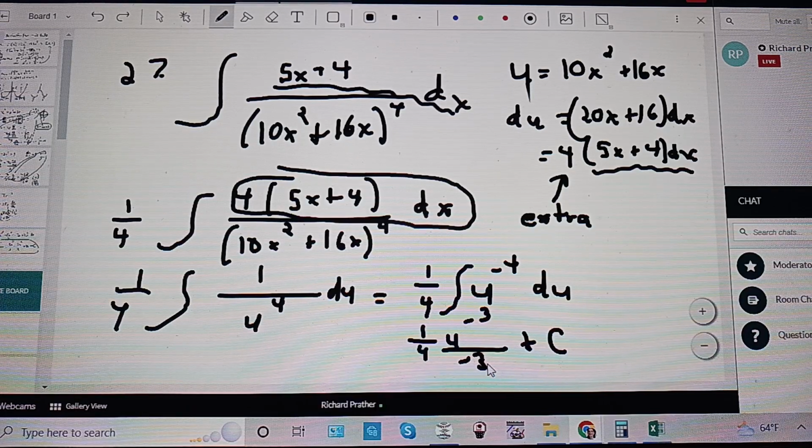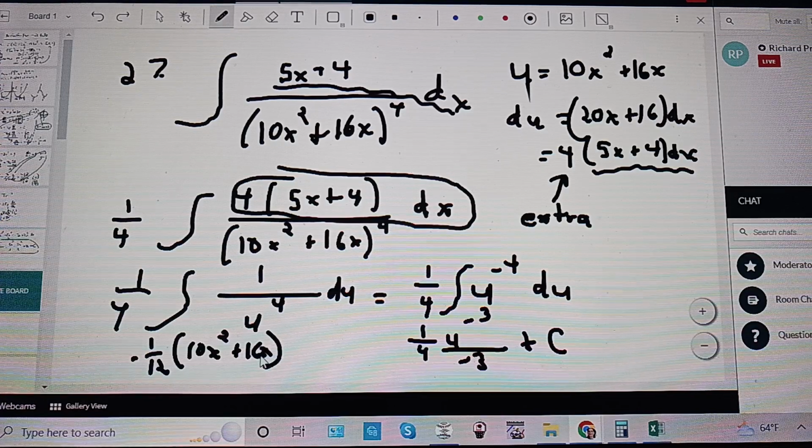And then I can put the -3 times the 4 and get -1/12. I can substitute the stuff that u is equal to back in. 10x squared plus 16x. And then it has a -3 exponent plus c.